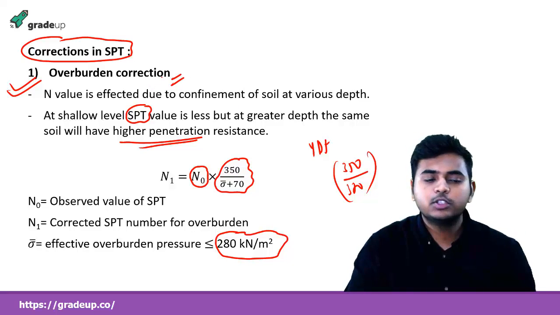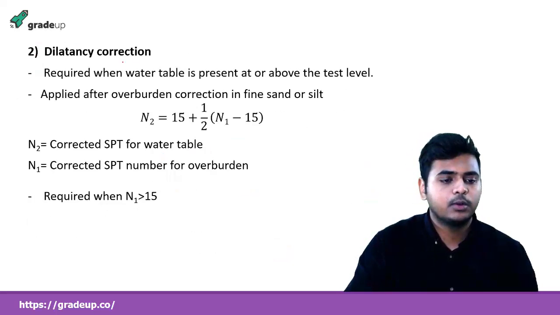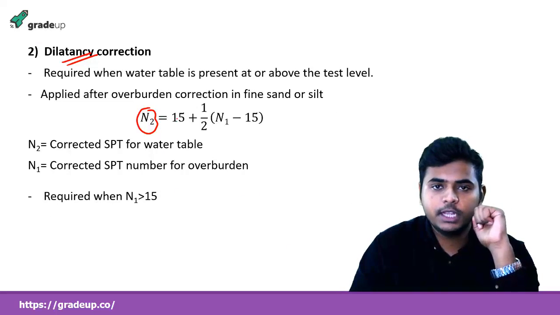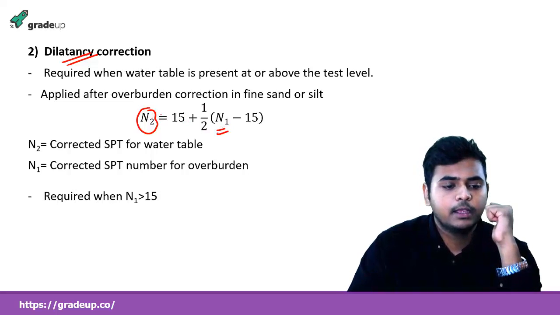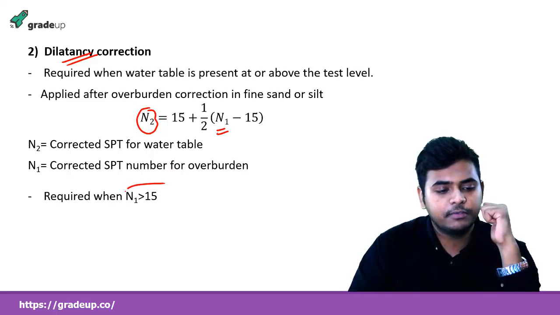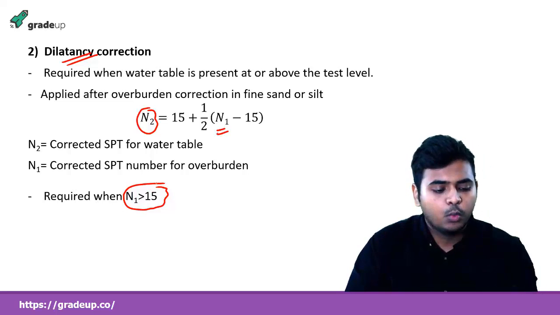Now after performing this overburden correction, we have to use this N1 value to find the dilatancy correction, and this formula is given as N2 is equal to 15 plus half of N1 minus 15. Now this is only used when the N1 value is greater than 15. Why?